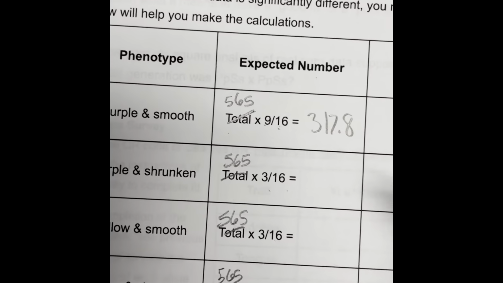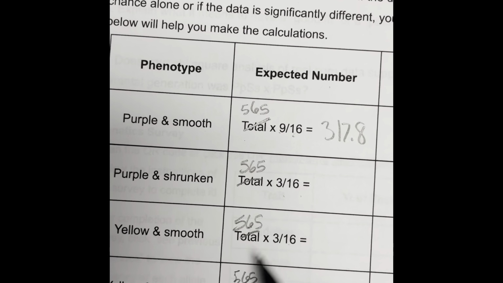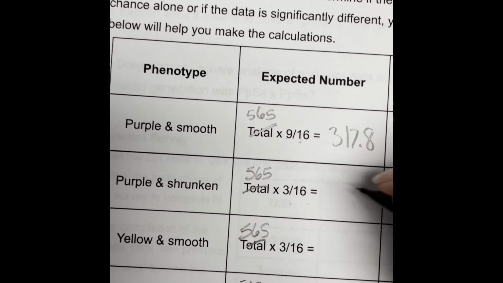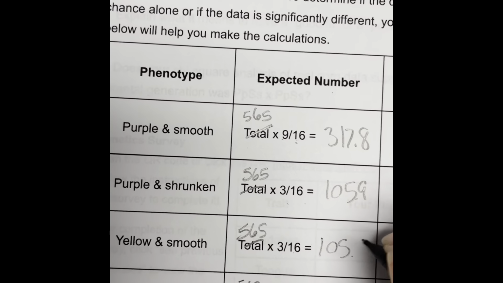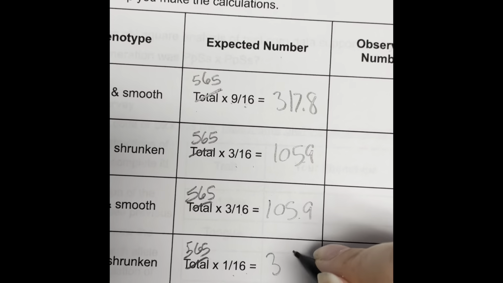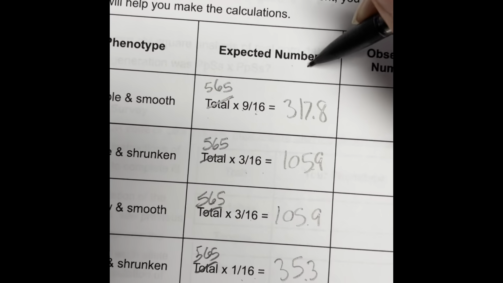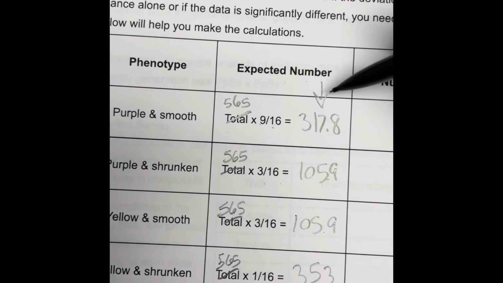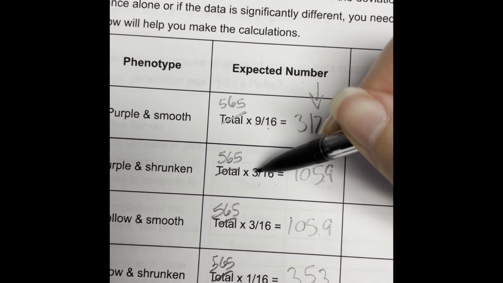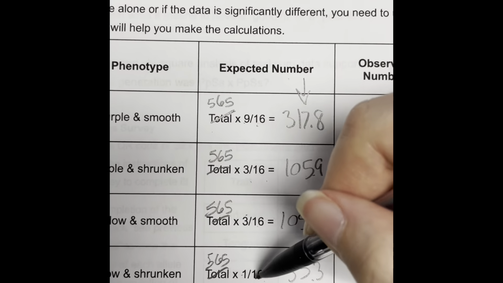And if we continue down, plug all of these numbers into your calculator, we get 105.9, we get 105.9, and we get 35.3. Now this is the number that I would expect to get if we followed the ideal values of 9/16, 3/16, 3/16, and 1/16.